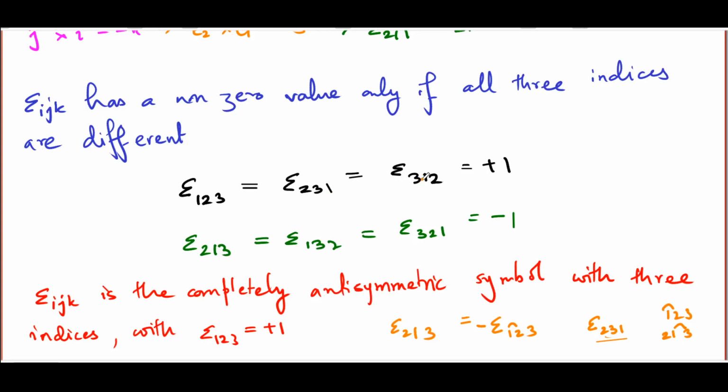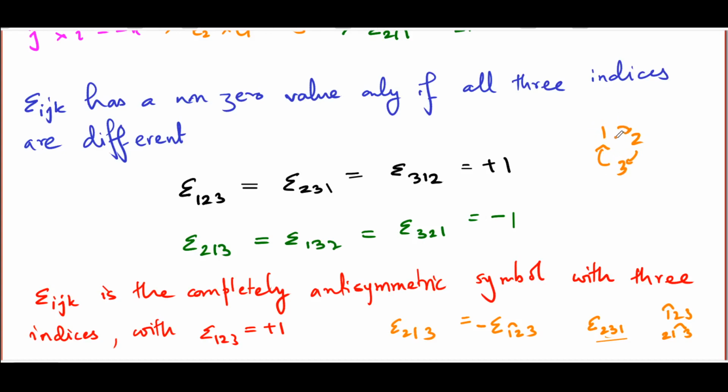Now with 3 indices, which is what you need in 3 dimensions, things are pretty easy to state in terms of cyclic and anti-cyclic permutations. Remember 1 2 3 is what you call a cyclic permutation. 1 2 3, 2 3 1, 3 1 2, any one of these.